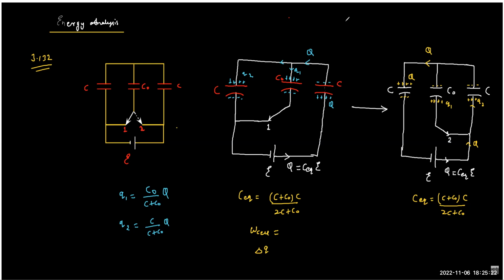In the second scenario, the positive plate of the cell is connected to now two plates. How many of you realize this? This positive terminal is connected to these two plates. Do you realize this?